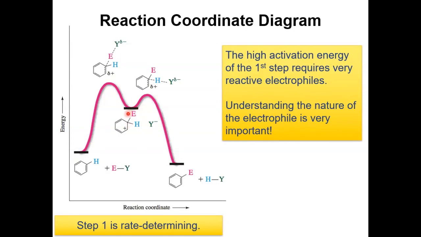Similarly, if you make this one less stable, so the energy goes up, then the transition state becomes less stable, which means the rate becomes slower.